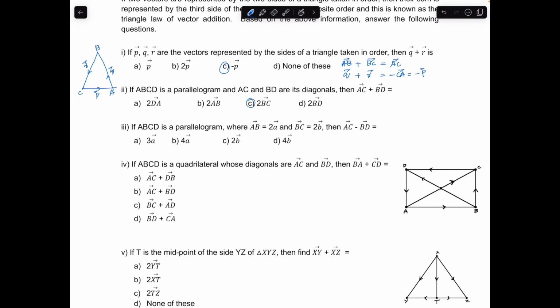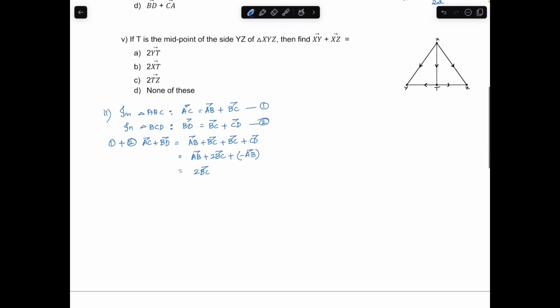Third subdivision: if ABCD is a parallelogram where AB is equal to 2A vector and BC is equal to 2B vector, then AC minus BD is equal to. AC vector minus BD vector.